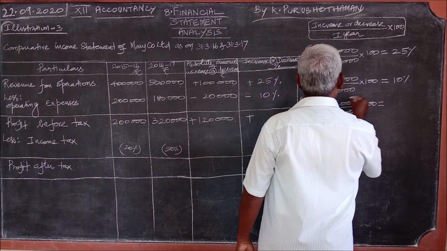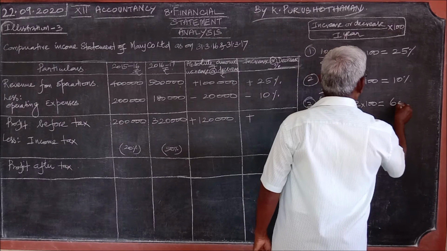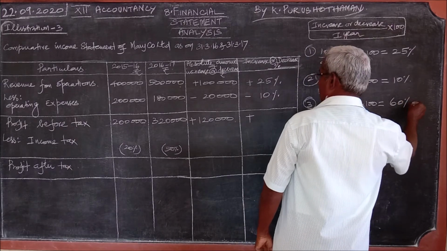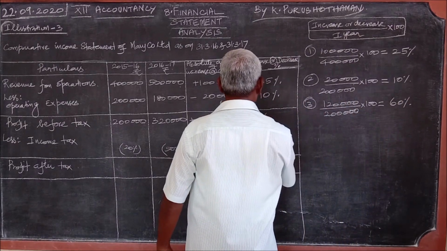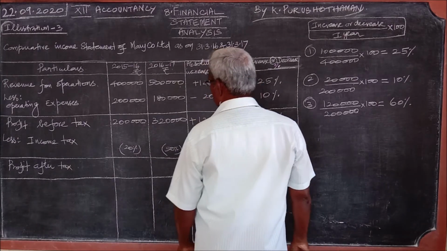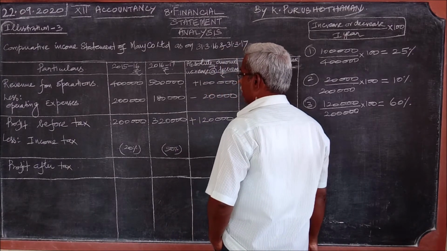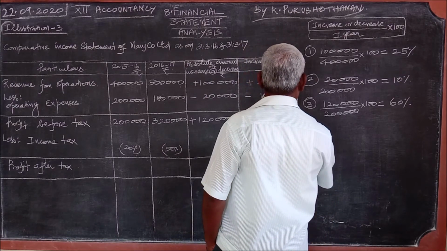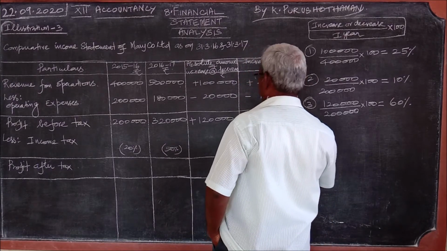That is 60%. This is the profit increase, 60%. Good. Now the next one, income tax, we should calculate for the fourth item.